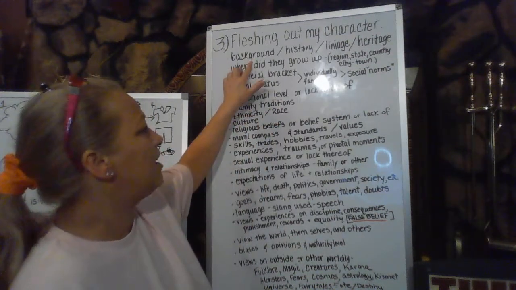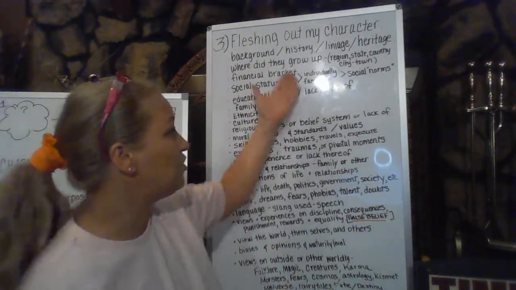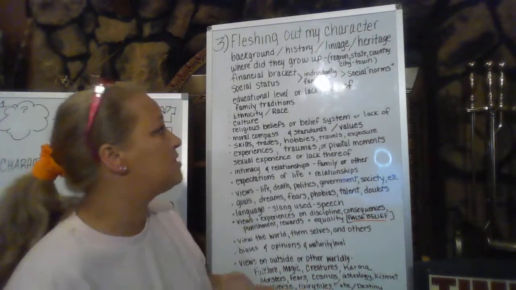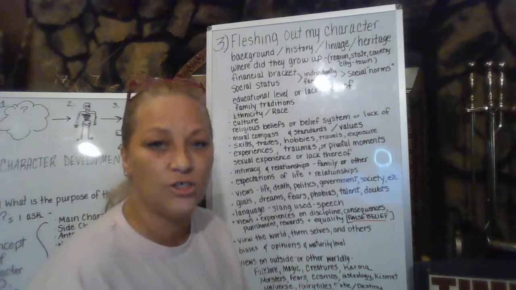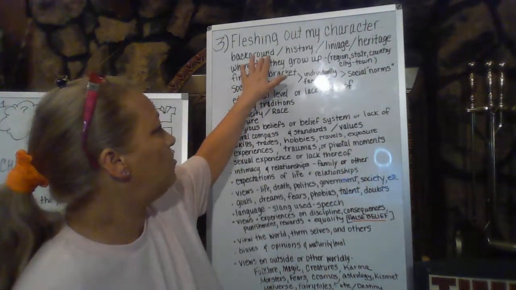The first thing I like to ask myself is, what is their background? What is their history, their lineage, or heritage? This oftentimes can play a big, huge role in the character's development. For instance, their background.